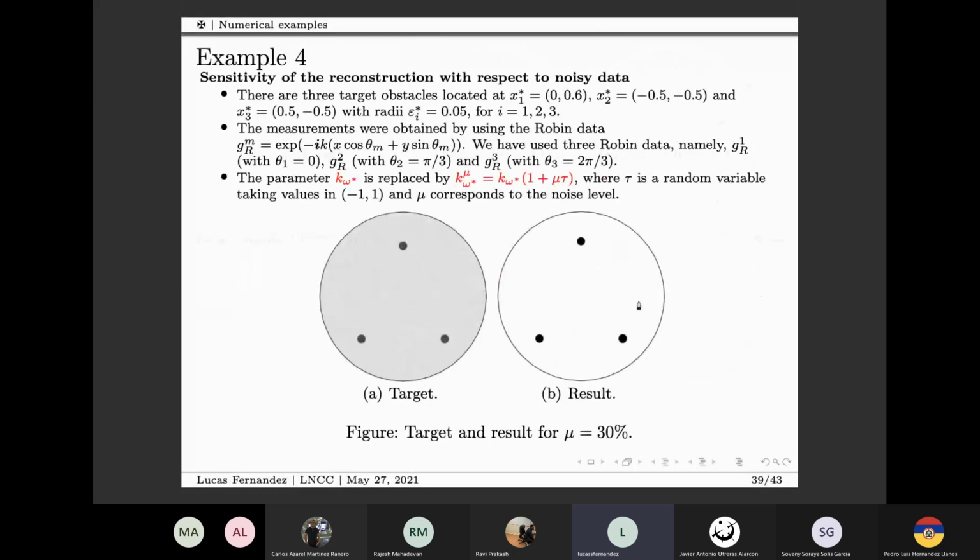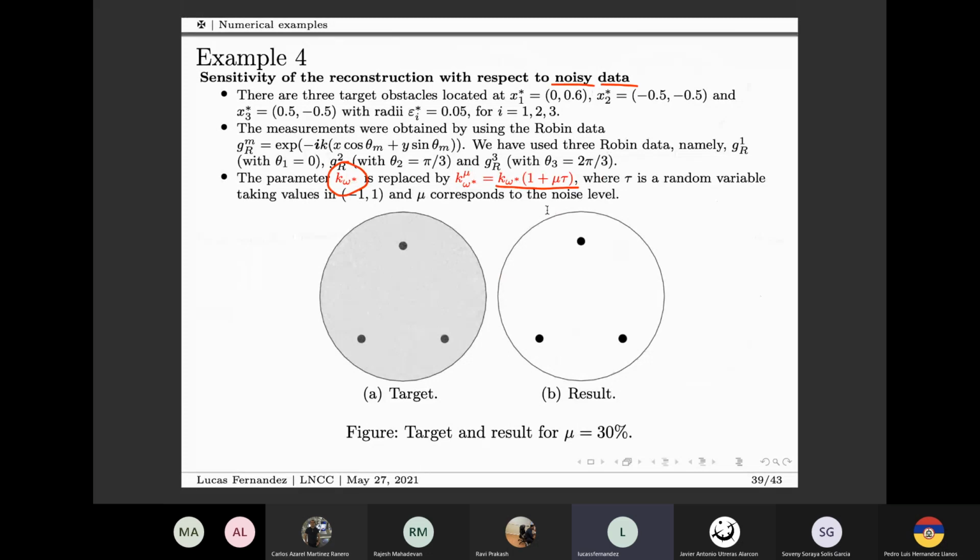Okay, in this example, we analyze the sensitivity of the reconstruction with respect to noise data. We add noise to the system by replacing the parameter k omega asterisk by this expression in red color, where tau is a random variable taking real values in the interval from -1 to 1, and mu corresponds to the level of noise.